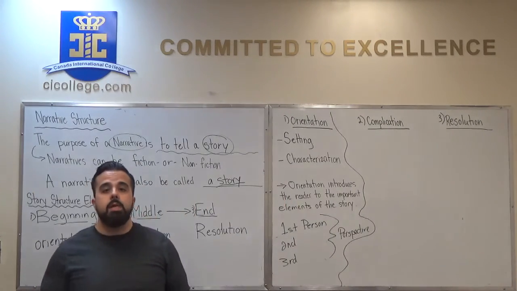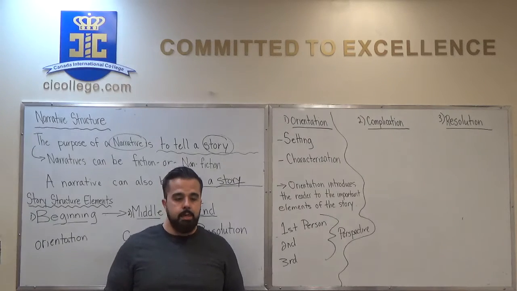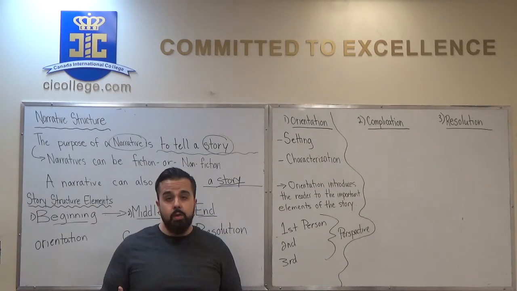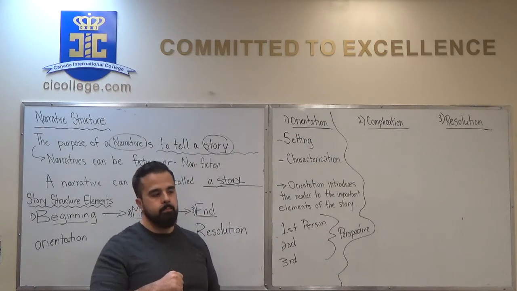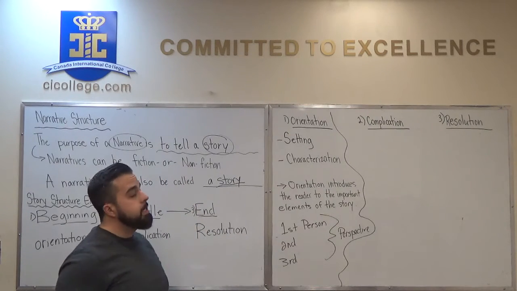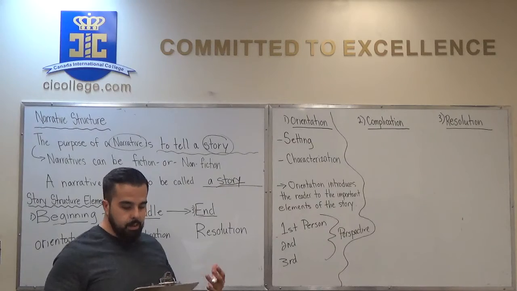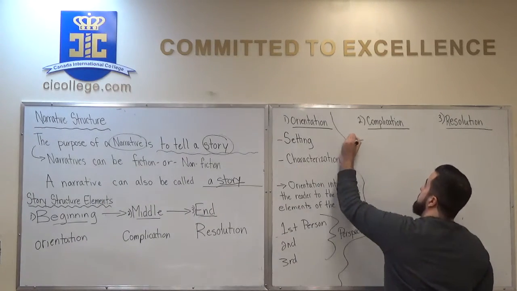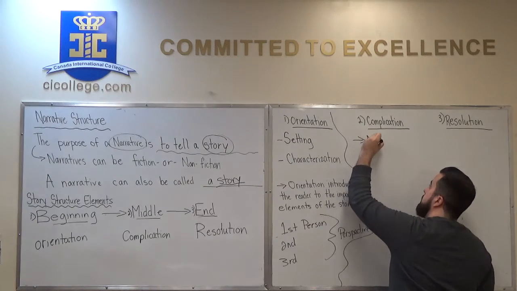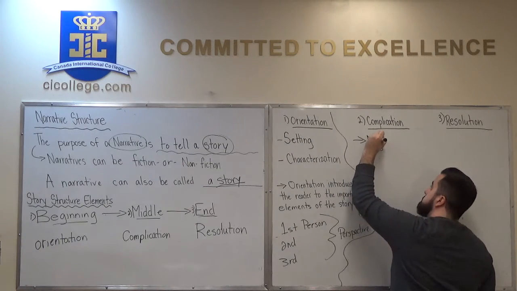But as you've learned before, a story isn't interesting. In fact, a story is very boring and not a story at all if you don't have a conflict. So, we get to the complication part, and that's where you see what the conflict is. The major events of the story happen in the middle, or during complications.